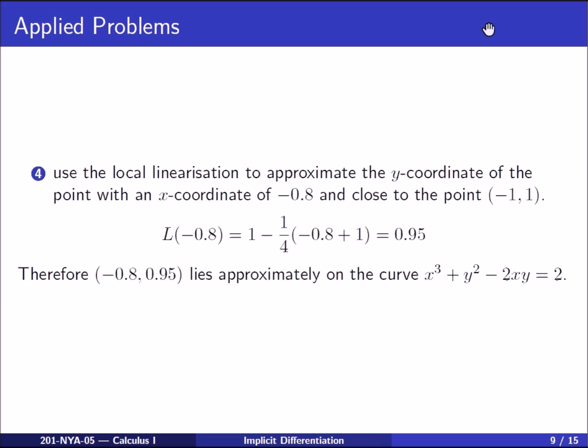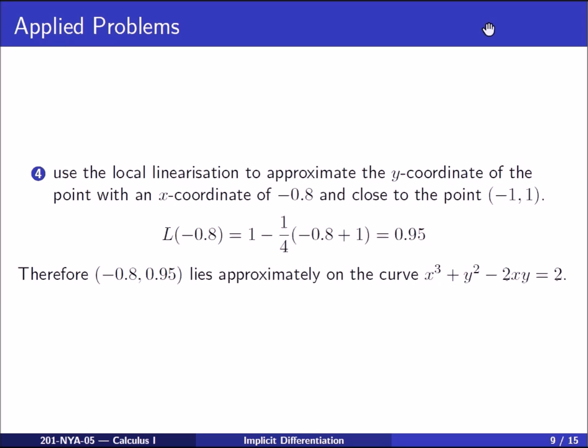So by computing L of minus 0.8, which is the y-coordinate of a point with an x-coordinate of minus 0.8 on the local linearization curve, I'm going to get an approximation of the y-coordinate of a point on the implicit curve. So we get here 1 minus 1/4 of (x plus 1), x being minus 0.8 here. Overall, we get 0.95.